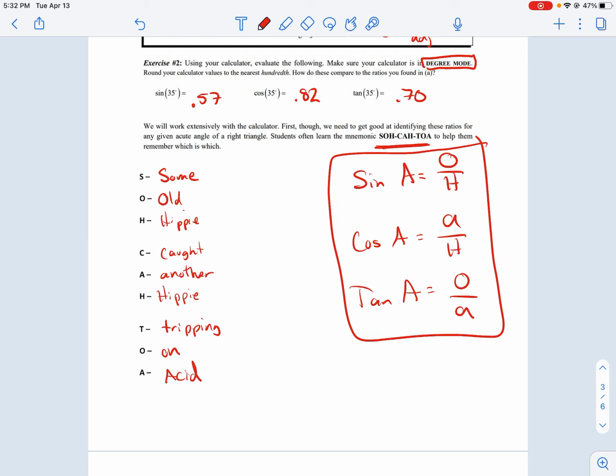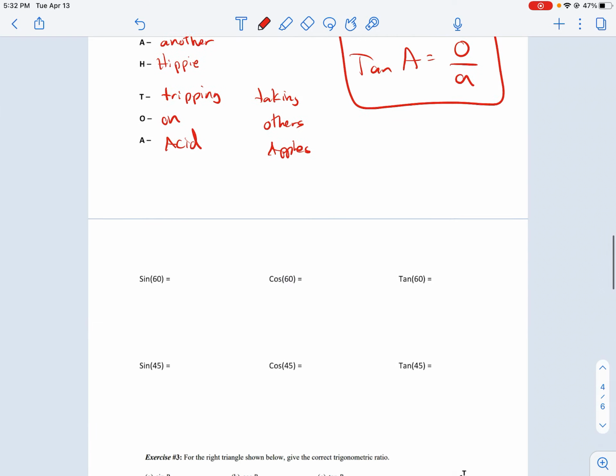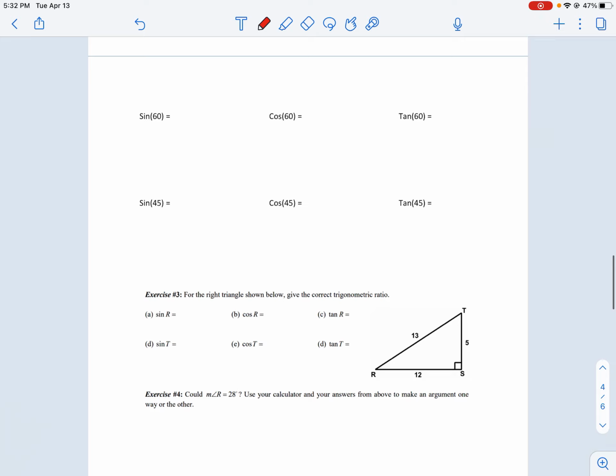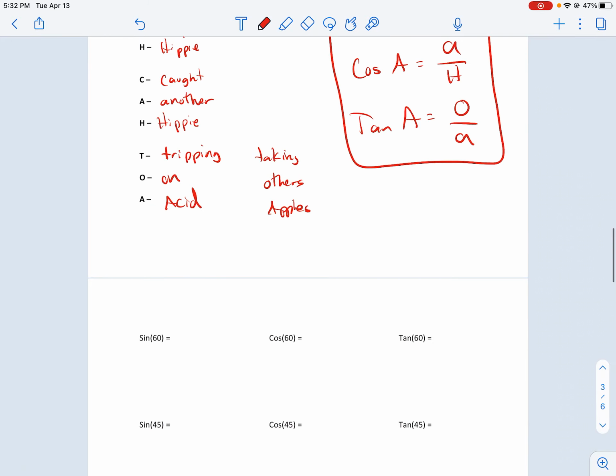Maybe not the most appropriate, so maybe if you want to change it to something different, like Taking Others' Apples. I guess it doesn't really have that great a ring to it, but you can utilize those to memorize these trig ratios. I just use SOHCAHTOA. That always stuck in my head. But if you want to use this, some old hippie caught another hippie tripping on acid, that mnemonic works good too.